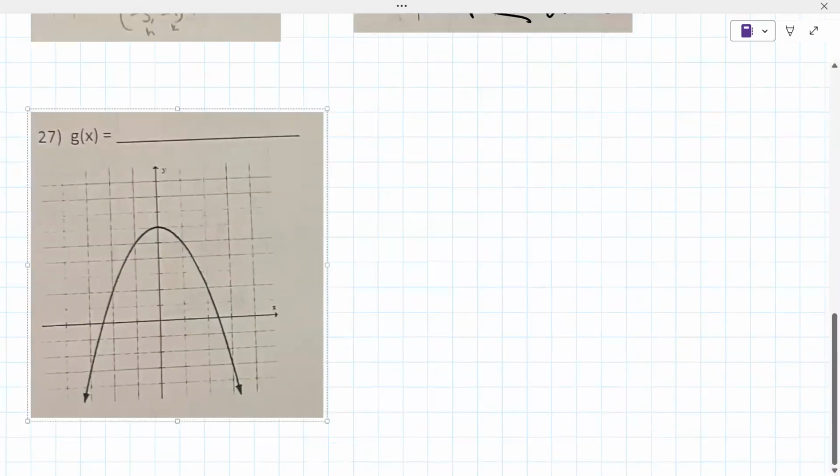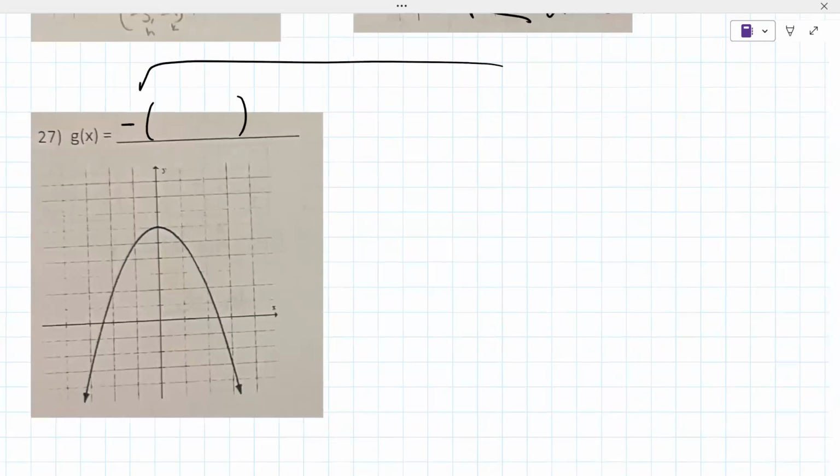That will put a negative in front, and that's from the reflection over the x-axis. Okay, could you try writing the equation for this, please?